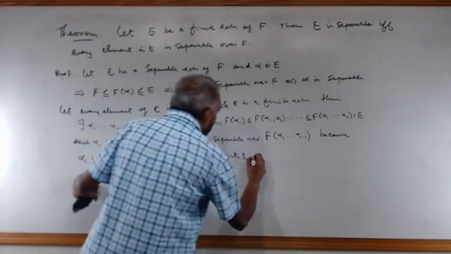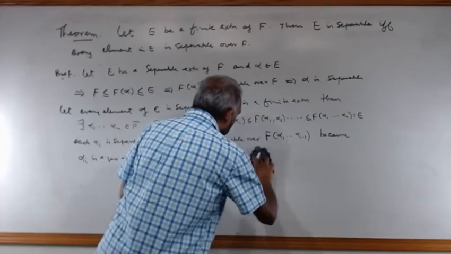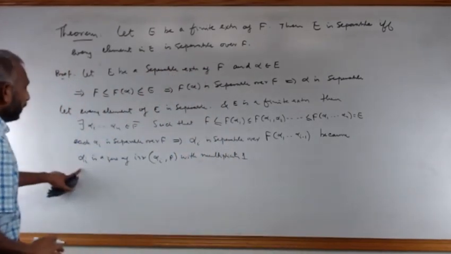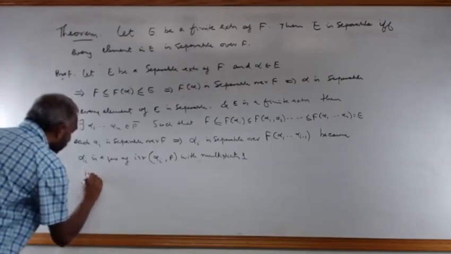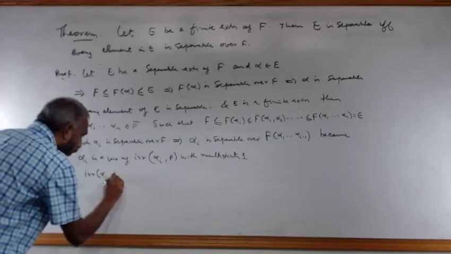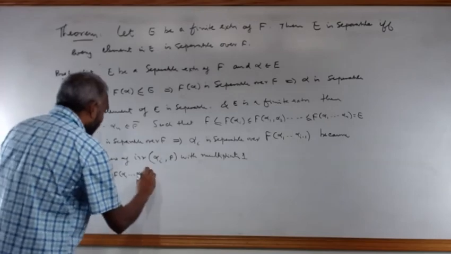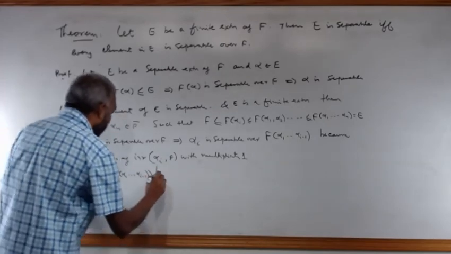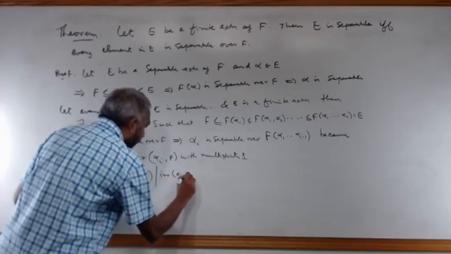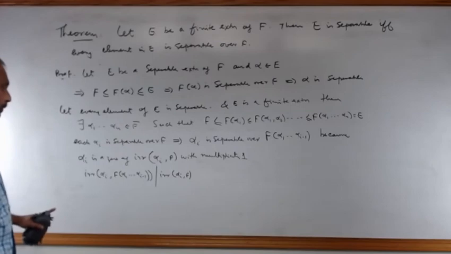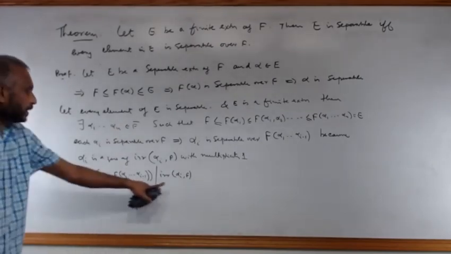We'll take one more step here. The irreducible polynomial of alpha i over F(alpha 1, ..., alpha i-1) divides the irreducible polynomial of alpha i over F, because this is an extension of F.